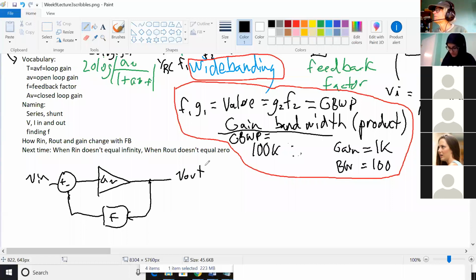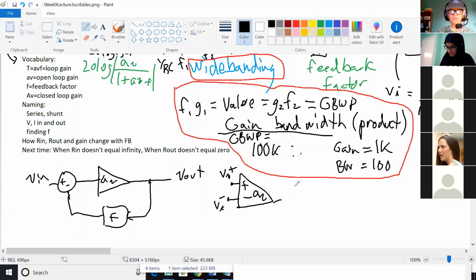So does this look familiar? I can't see anybody, so even if I ask, I can't tell if you're raising your hand, but this is kind of the most basic model of an op-amp there is, op-amp with feedback. And when you have an actual op-amp, the thing that gets multiplied is the difference between the non-inverting input and the inverting input.